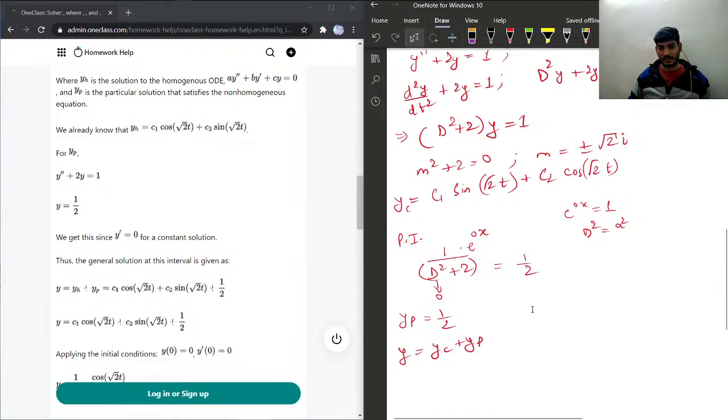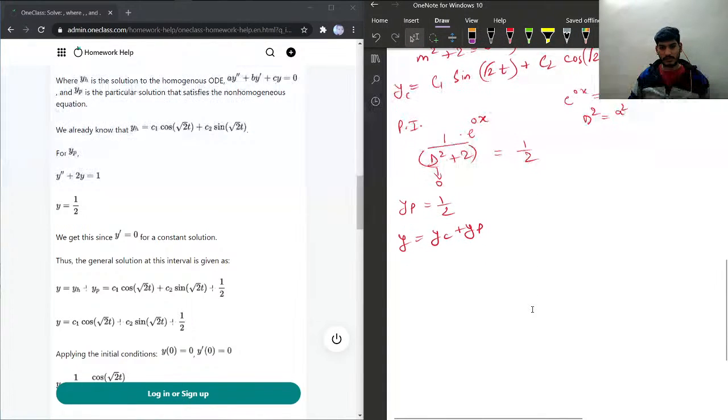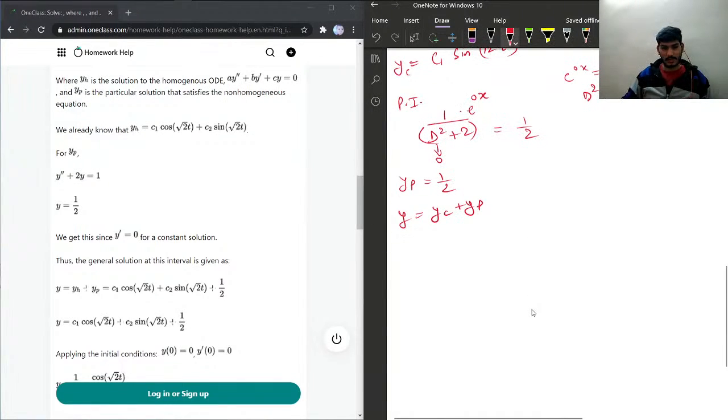So my total y will be c1 sine root 2t plus c2 cosine root 2t plus 1 over 2.